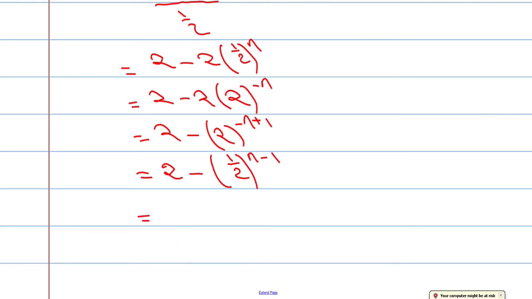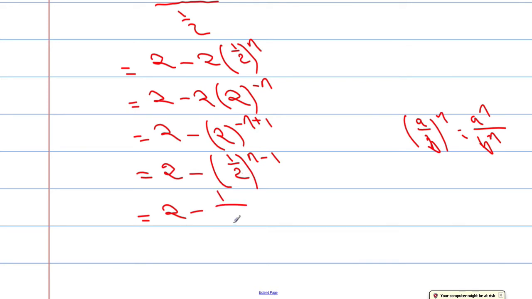And then very last thing, so on the side, if I have a over b to the power of n, that's the same as a to the power of n over b to the power of n. And 1 to the power of n minus 1, doesn't matter what the value of n is, we will always get 1.